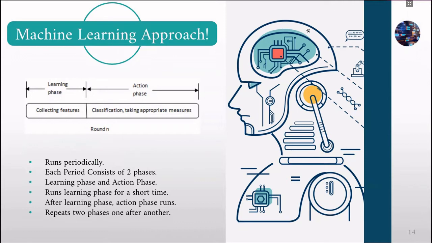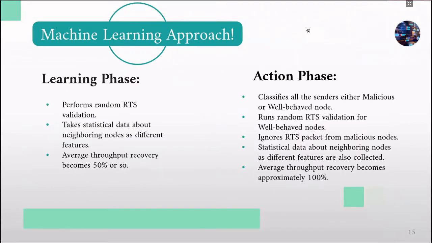Here, the learning to action ratio is a hyper tunable parameter. In the learning phase, random RTS validation is still activated along with collecting statistical data about neighboring nodes. In this period, average throughput recovery becomes 50% or so.